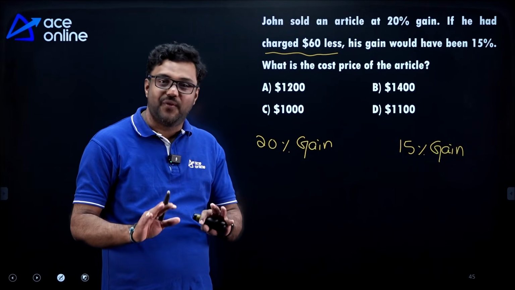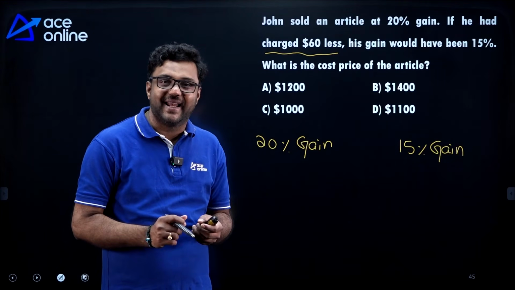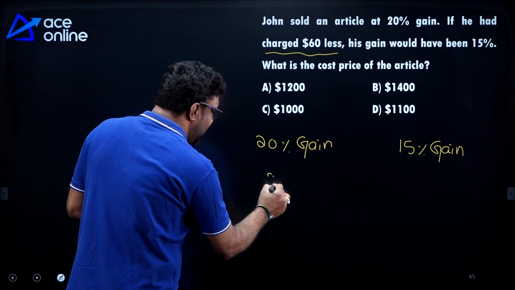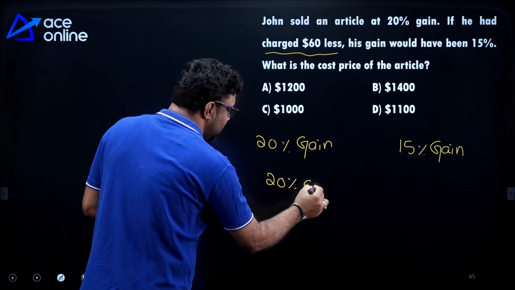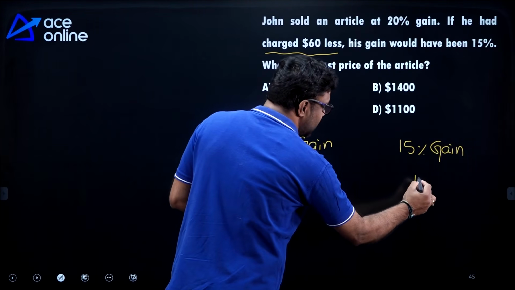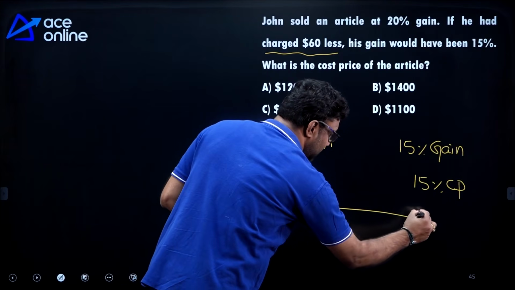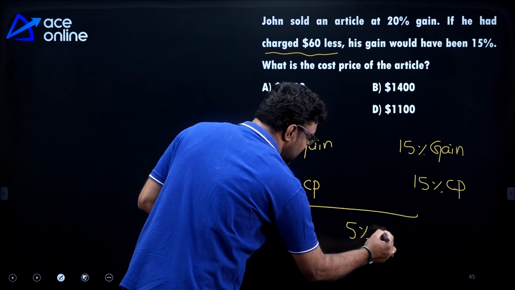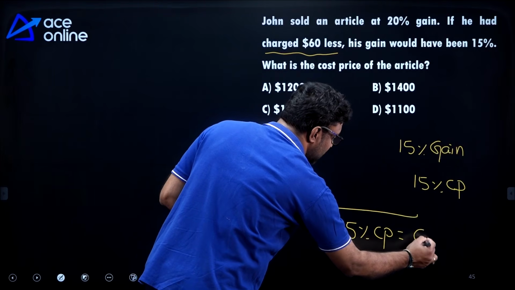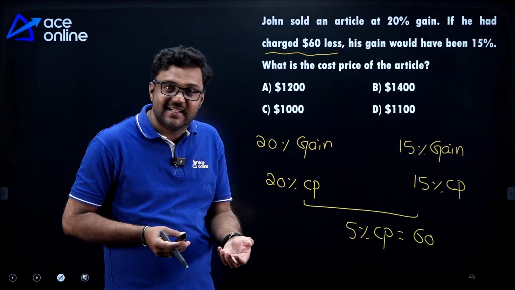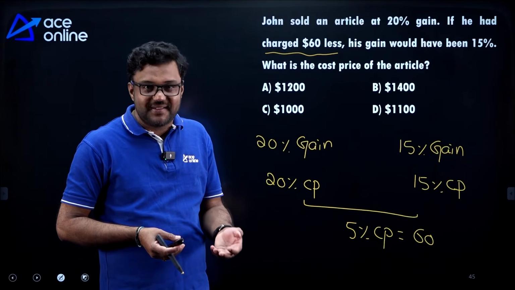Guys, profit or loss we have to calculate on cost price. So this is 20% of cost price. This is 15% of cost price. The decrease here is 5% of cost price. That is because of that $60. When the selling price is decreased, profit percent will decrease.